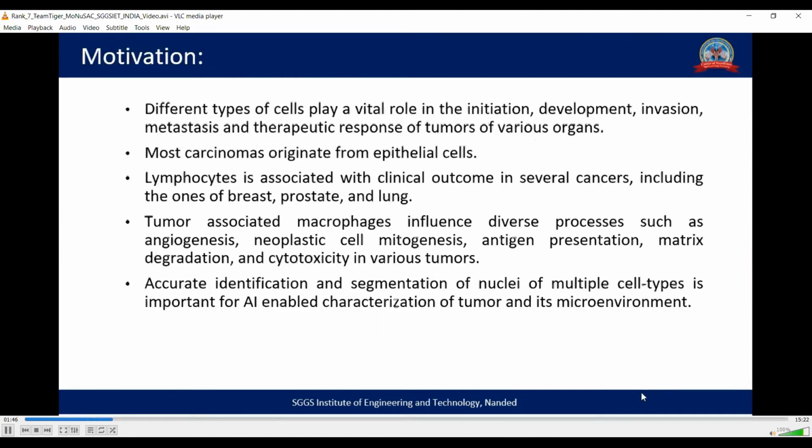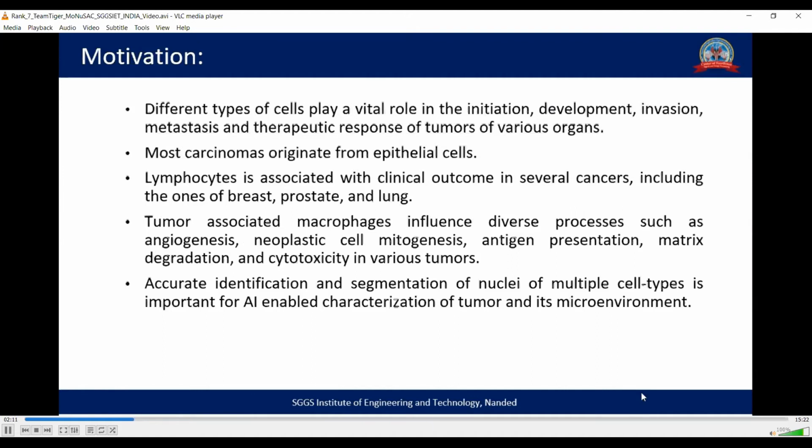The motivation of our proposed work is shown here. Different types of cells in the human body play a vital role in initiation and development of tumors in various organs. Most of the carcinomas originate from epithelial cells. This is the reason to consider epithelial cells in this task.